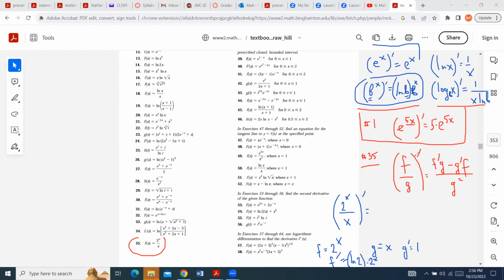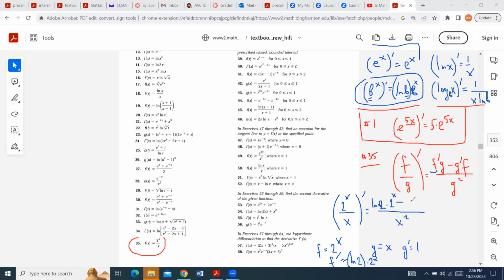B stays. So we set up that fraction as a difference, and the denominator will be squared. The difference of f prime, this is ln of 2 times 2 to the power x.